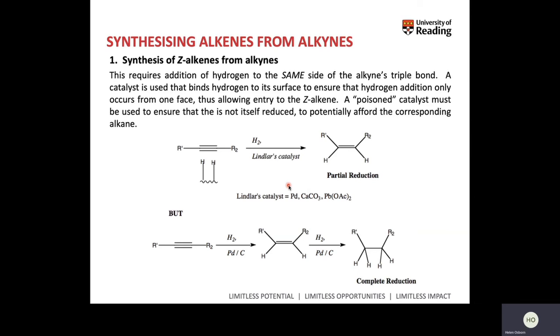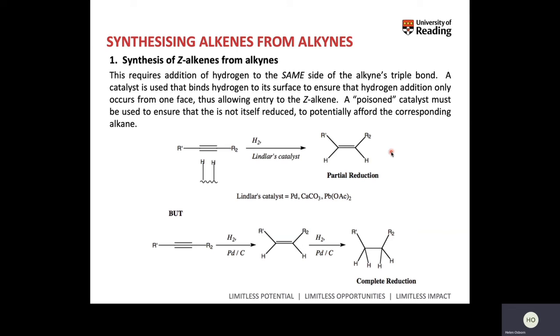What we mean by poisoned is it can't just be a straightforward palladium catalyst, because if we were to use just a straight palladium catalyst, we would add our hydrogen to the same side of the alkyne to make the alkene, but that palladium catalyst is still effective at doing a further reduction of the alkene. More hydrogen could add to the alkene to give the alkane. That's a useful transformation, but not in our case where we're wanting to make alkenes.